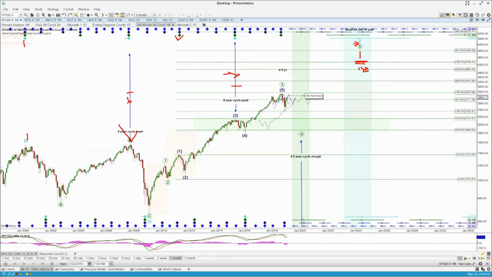And I suspect, therefore, that the next peak that we see at the top of this cycle degree, wave 5, is going to be a 54-year period or cycle peak, which means we haven't seen in our trading lifetimes, certainly I haven't, a peak of this magnitude that is coming.